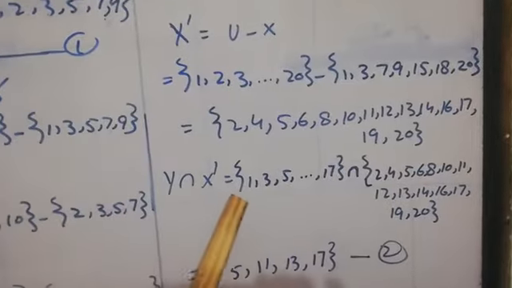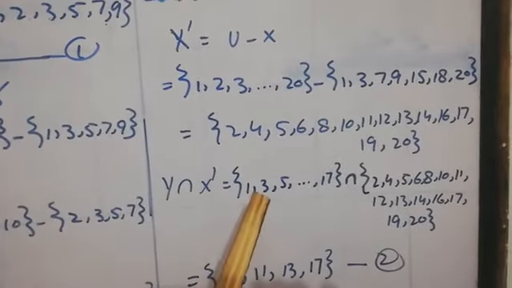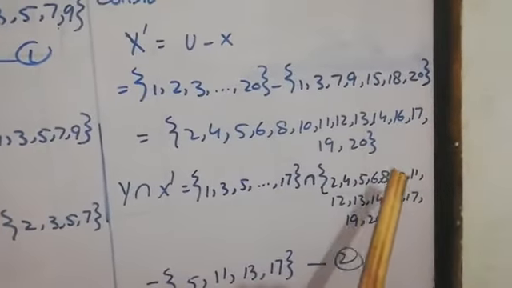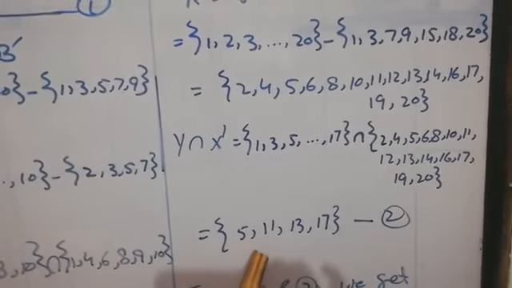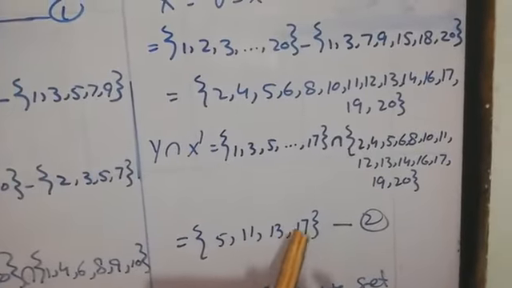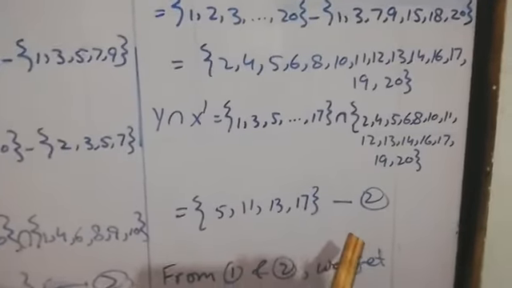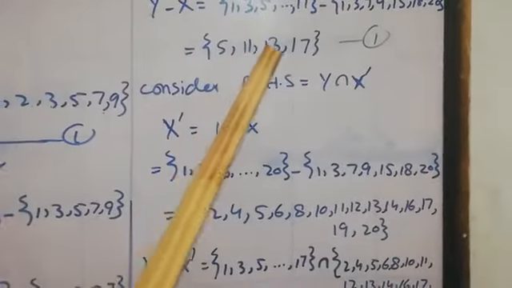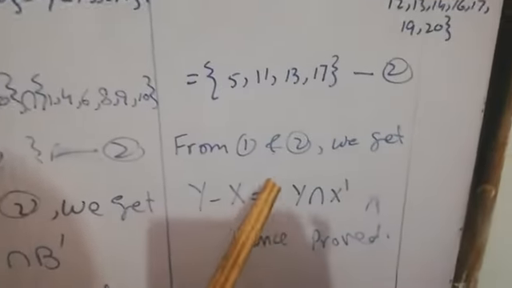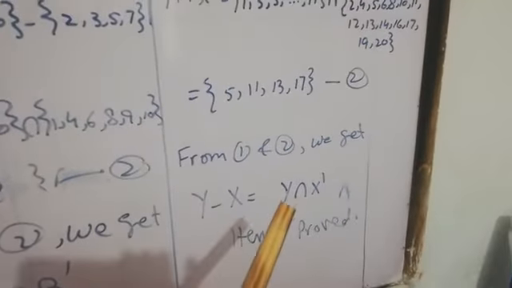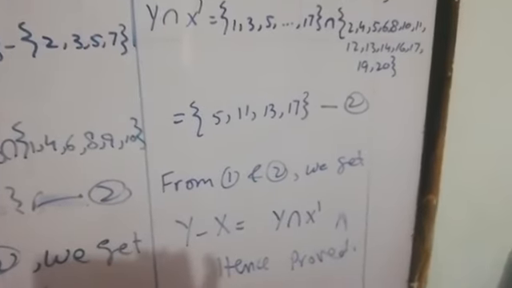Then we will find Y intersection X complement, and then we will find the common elements between these two sets, which are 5, 11, 13 and 17. This is answer number 2. From answer number 1, 5, 11, 13, 17, and answer number 2, 5, 11, 13, 17, we get that Y difference X equals Y intersection X complement. Hence we proved.